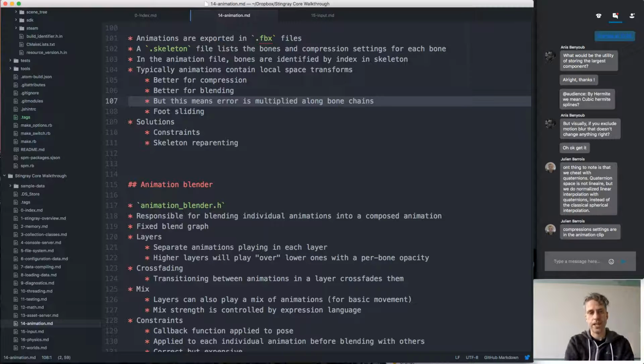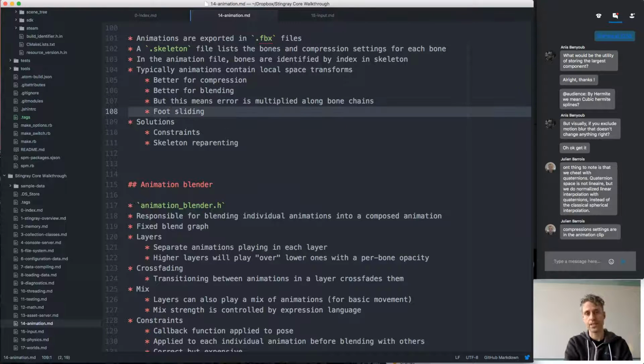In a lot of cases, this is not super visible. If you have a jogging animation, you don't really care if your hand appears exactly here or a little bit like that; it doesn't really show. The situation where you can see this error multiplication is foot sliding.